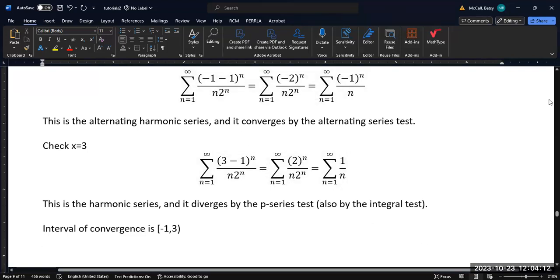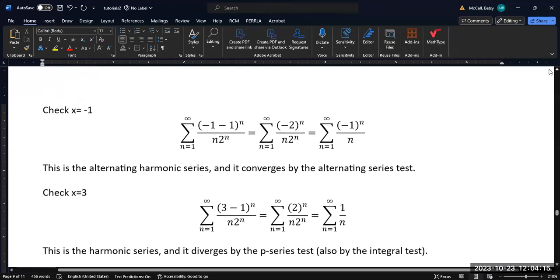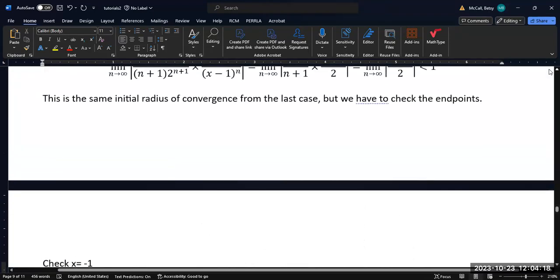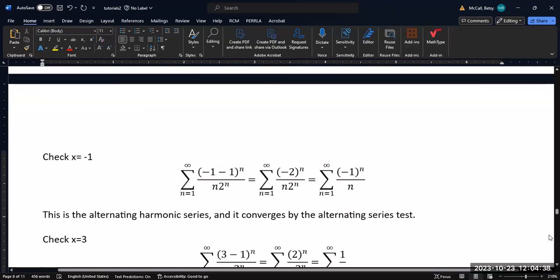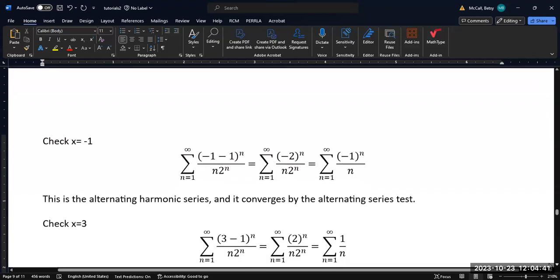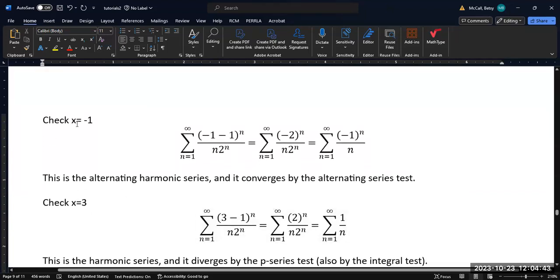So if this was initially, let's go back to our original series. If this was initially -1 to the n times x minus 1 to the n and 2 to the n, or if this had been all of this, but it was -2 to the n instead of 2 to the n, then we would still have to do all these checks, and this limit and interval of convergence would all be exactly the same, except that when I plugged in -1, I would get the harmonic series, and when I plugged in 3, I would get the alternating harmonic series.